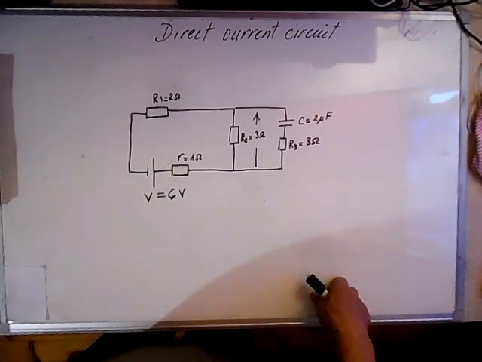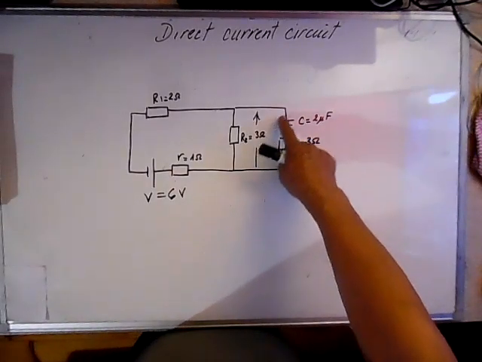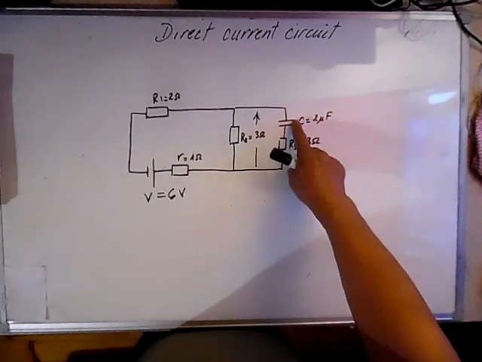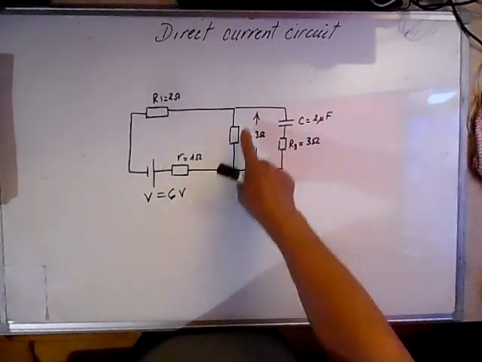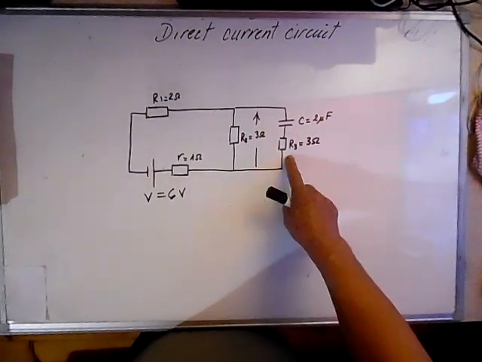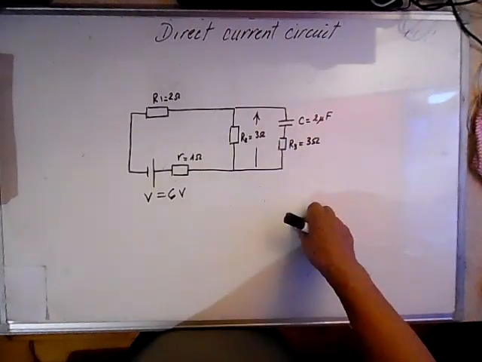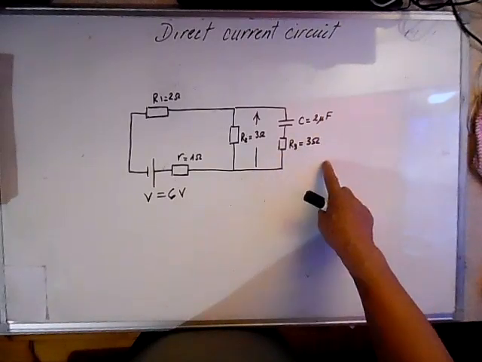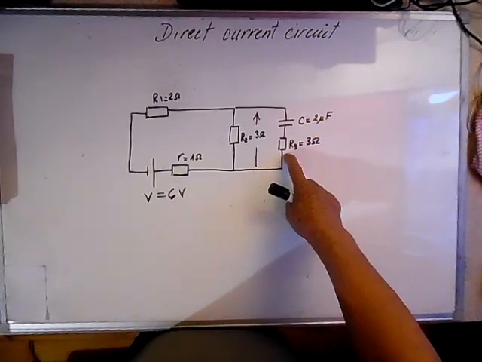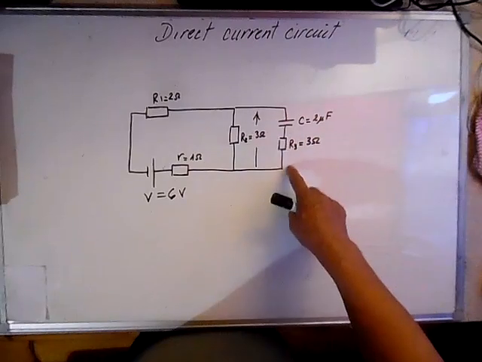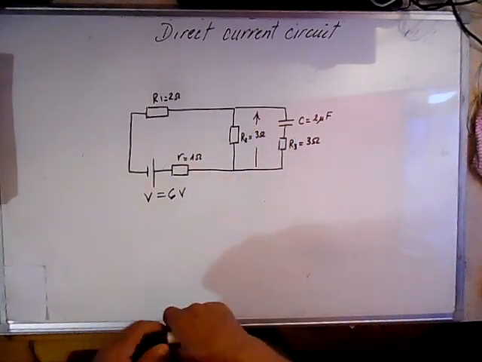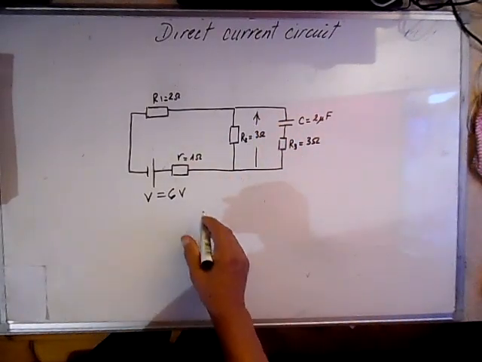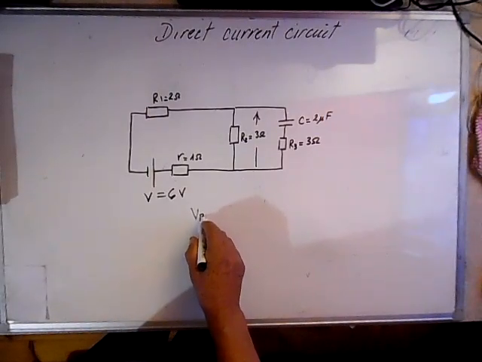And the voltage across the capacitor, once it's charged, will be the voltage across the R2, because after the capacitor is charged, no current is flowing, there is no drop at this resistor, so all the drop is on the capacitor. So we have to calculate VR2.